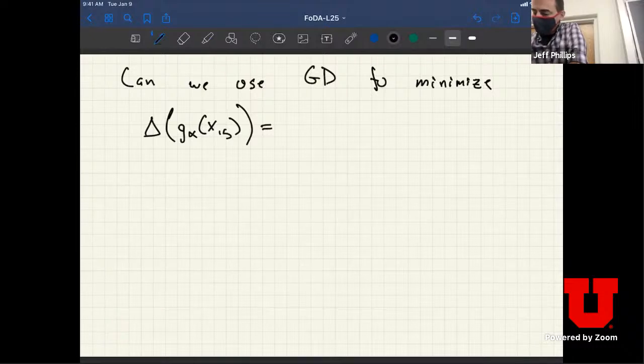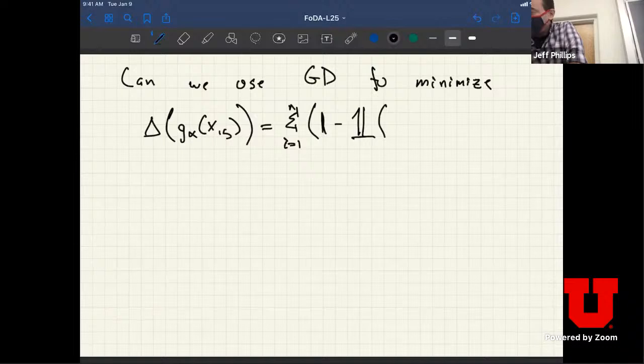And so this will be the sum from i equals 1 to n of 1 minus the indicator function, which I'll define after I write the rest: the sign of yi is equal to the sign of f alpha of xi.